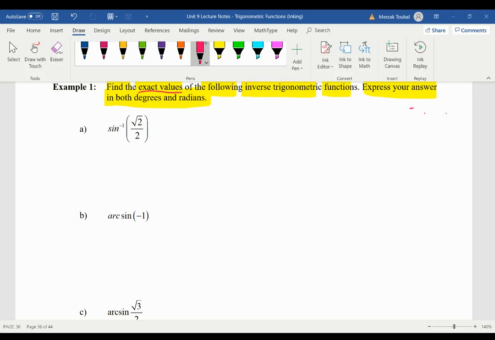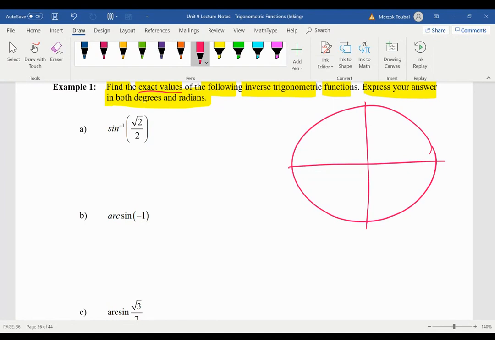Now, before I go ahead and find those values, let me sketch half of the unit circle. So here's the unit circle. We said that the domain of sine inverse is negative 1 to 1. The range is negative pi over 2 to pi over 2.